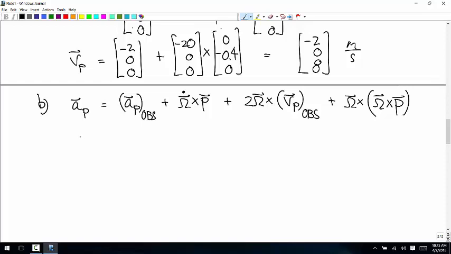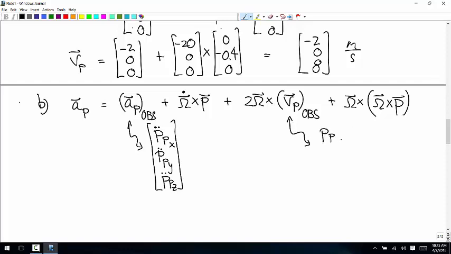And then you can also do this as the second derivative of the position vector components. And this is the first derivative with respect to time of the position vector components.